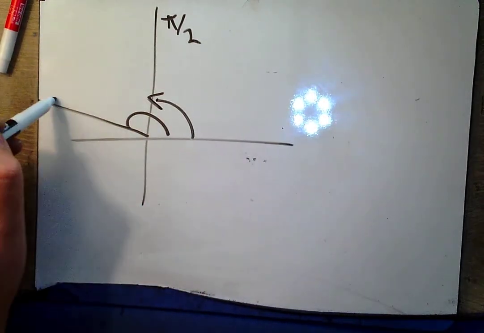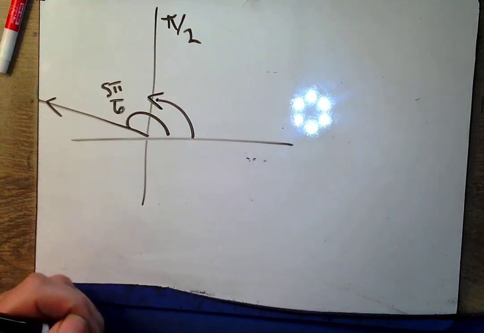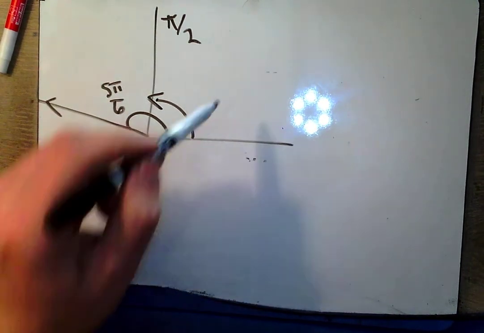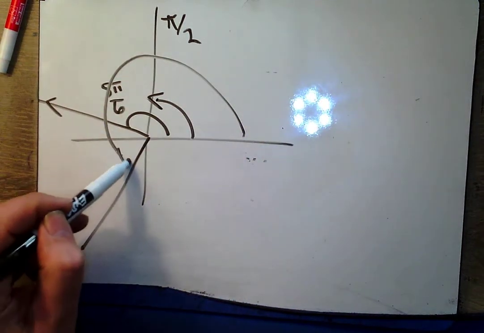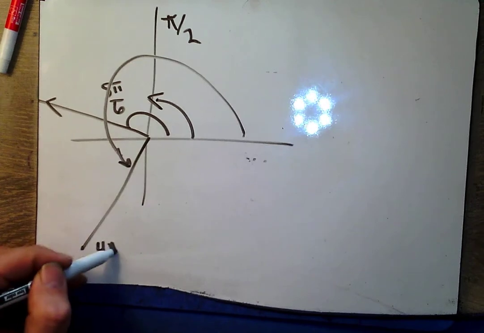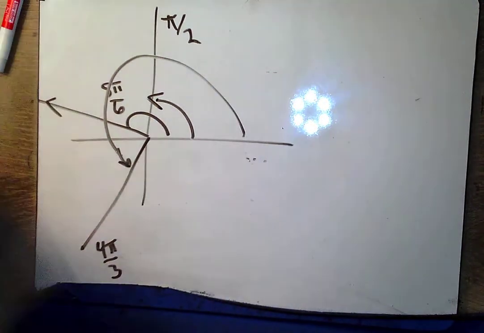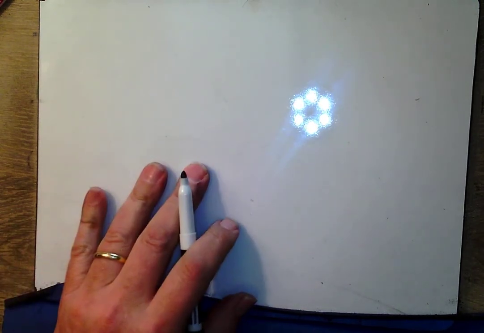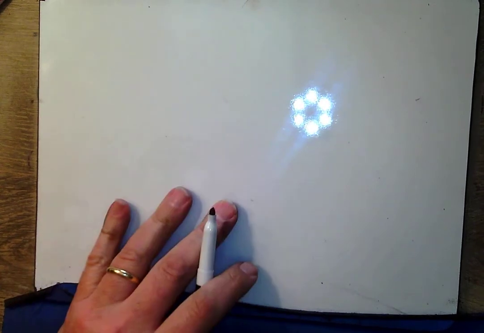This amount of rotation, that's going to be 5 pi over 6 radians. And if I rotate even further, maybe to here, I might be looking at 4 pi over 3 radians. Okay. So radian is a way of measuring angle as an amount of rotation.